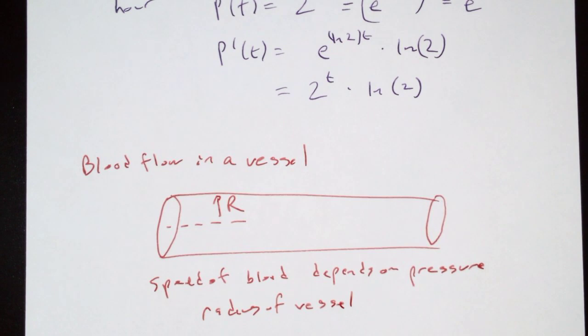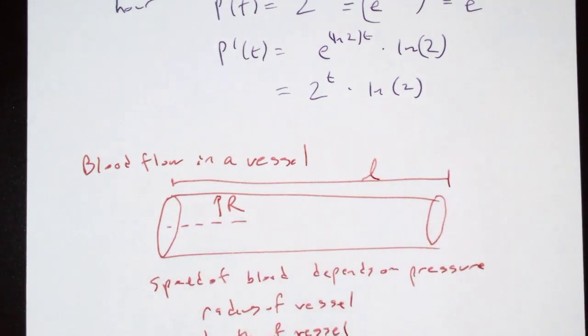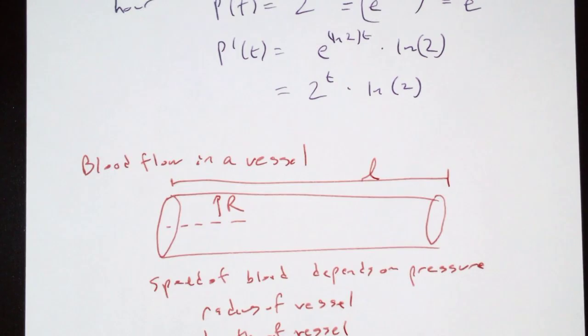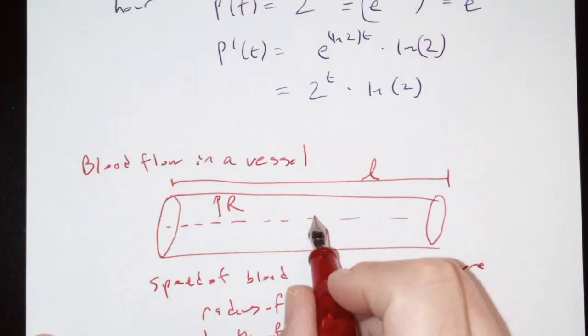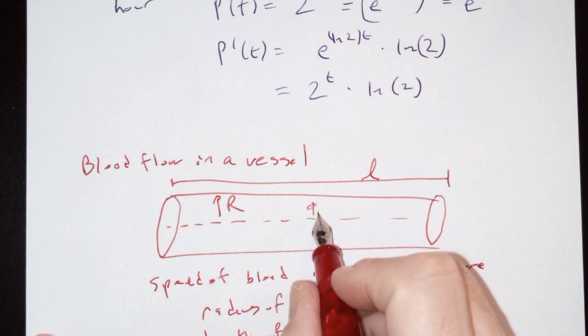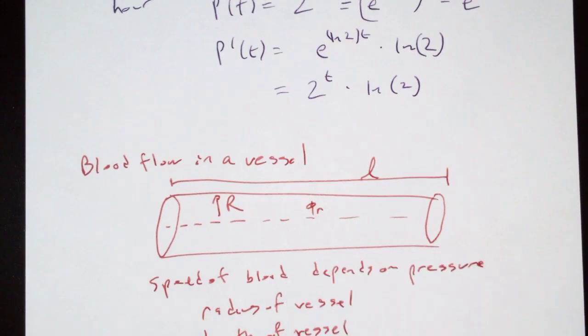It depends on how long the vessel is. It also depends on where you are in the blood vessel. The closer you get to the walls of the blood vessel, the more turbulence there is interacting with the walls of the blood vessel. So the further out I am from the center, let's say I'm only partway out with my little red blood cell, that radius matters too.